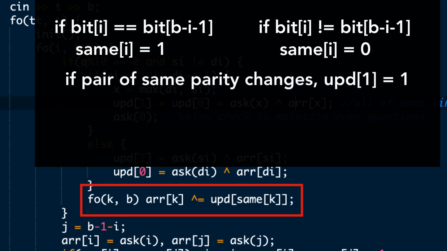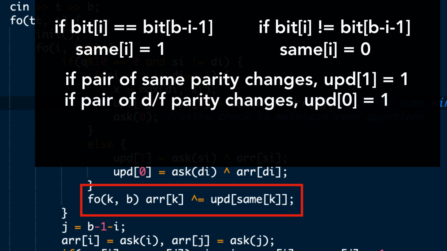So now what I'm doing is, hear me carefully, if a pair of same parity changes, update 1 turns to 1. And if a pair of different parity changes, update 0 is set to 1. So if any such pair is changing, I'm updating.